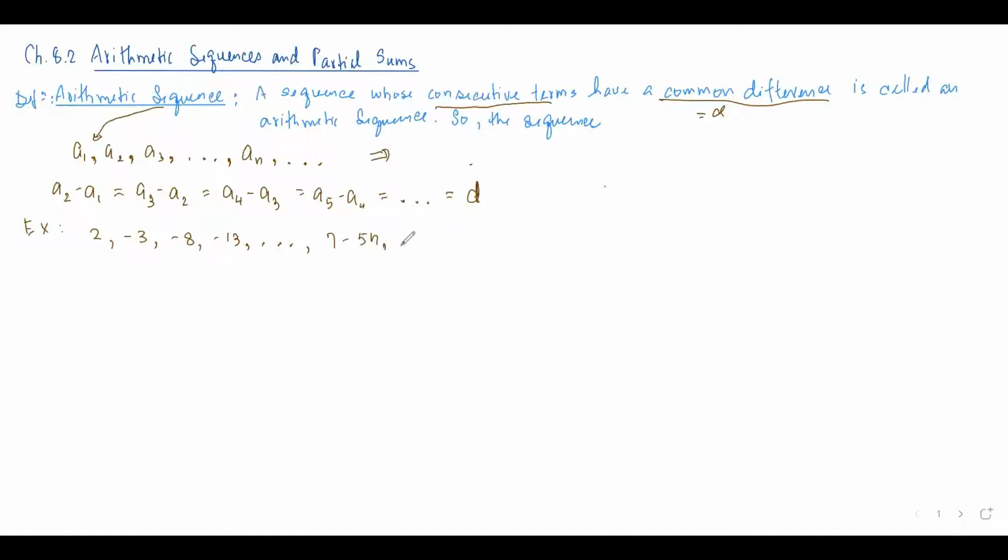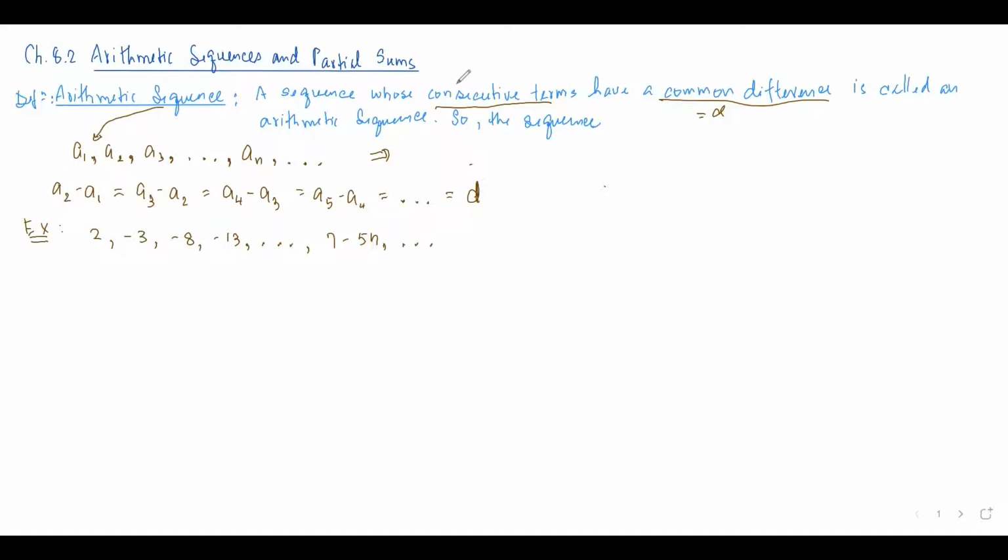In this example, if I want to check whether this sequence is arithmetic or not, then you check by finding D. If they have an equal common difference D, then it is an arithmetic sequence.